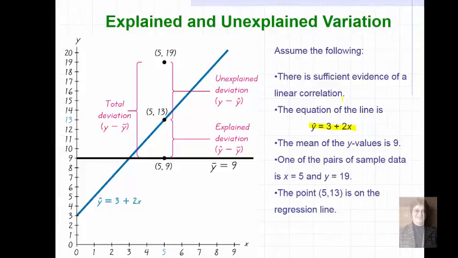We're going to assume that there is a linear correlation, and we want to look at our pairs of data, and then we want to look at our predicted value. So the 5, 19 is our actual data value.